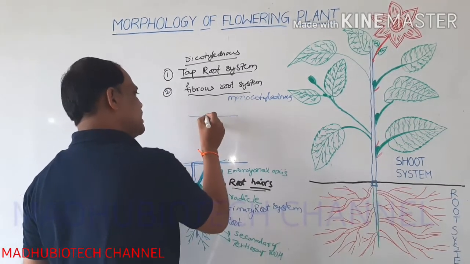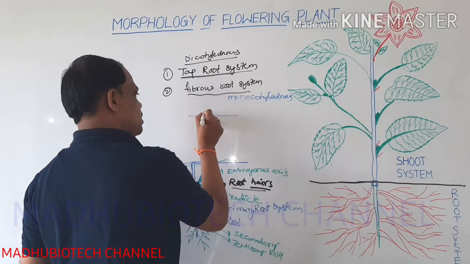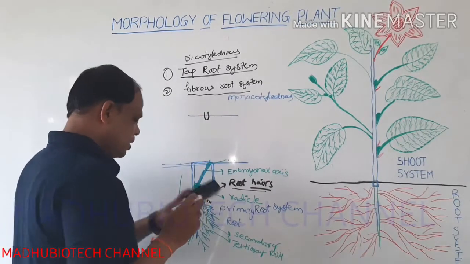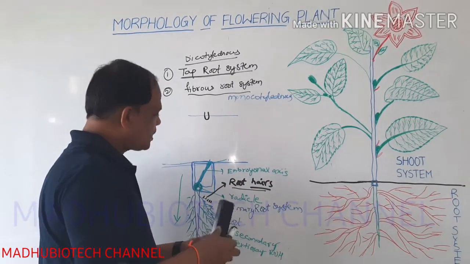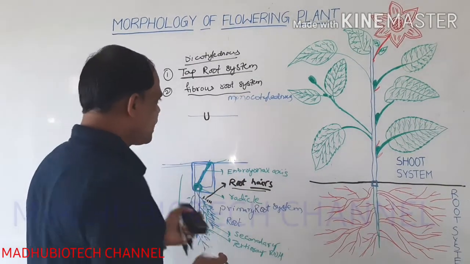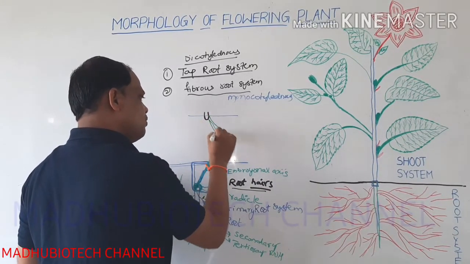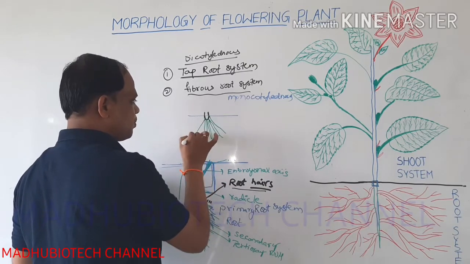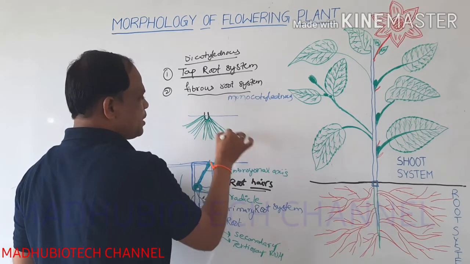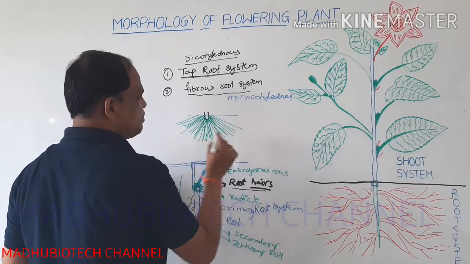The radicle is short lived, it develops only a very short tip part, and then beneath it a number of primary roots develop, forming a group or bunch of primary roots. This type of root system is called the fibrous root system.